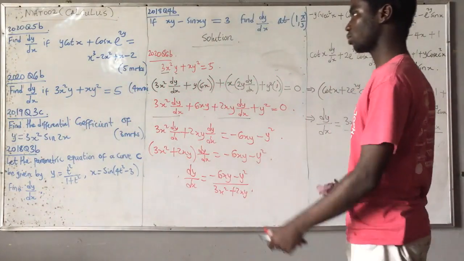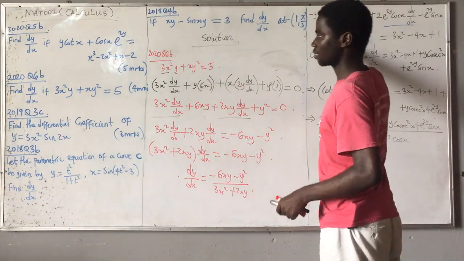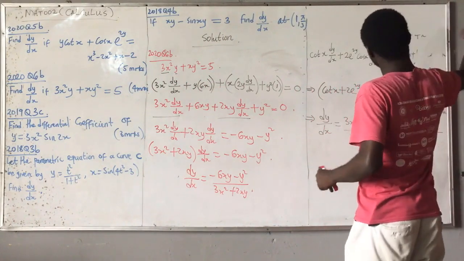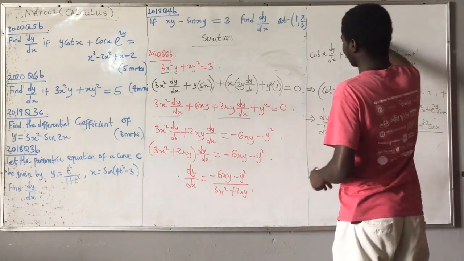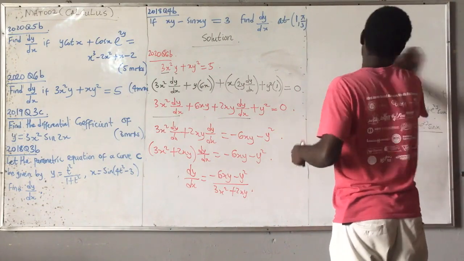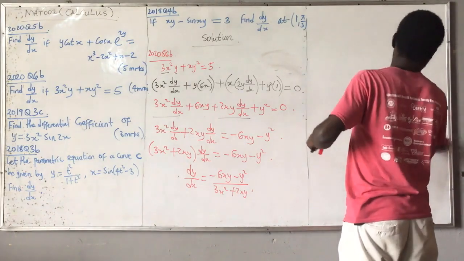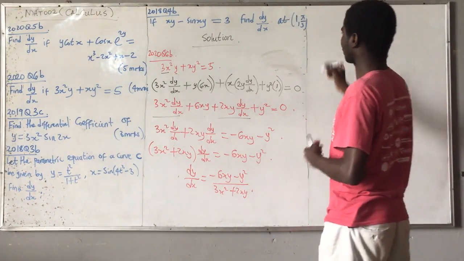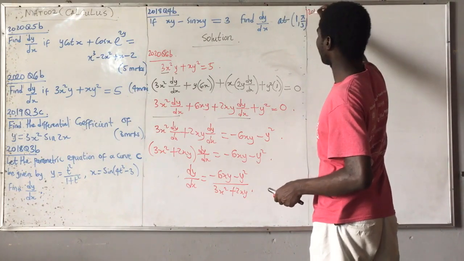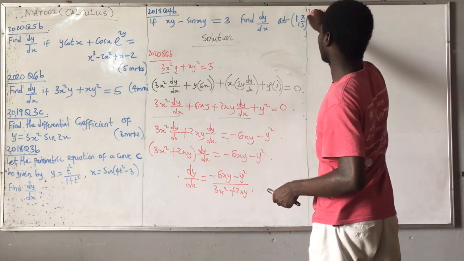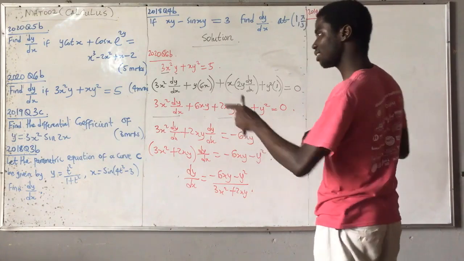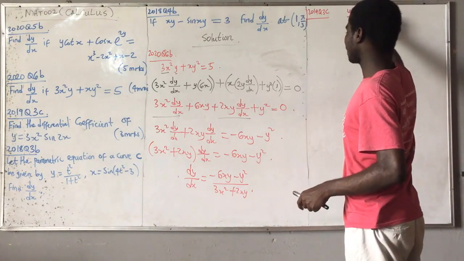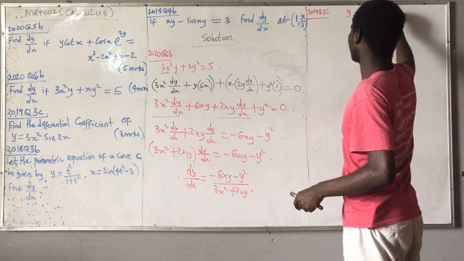Now let's go to 2019, question 3c. That's 3 marks. So 2019 question 3c. What will happen here is that this is question 3c: y equals 3x squared sin x.